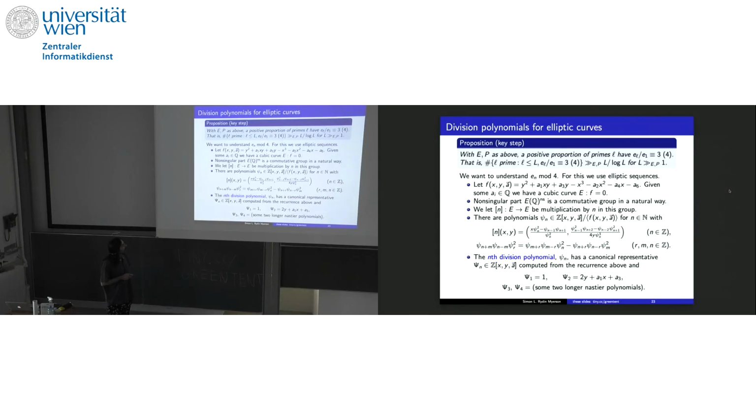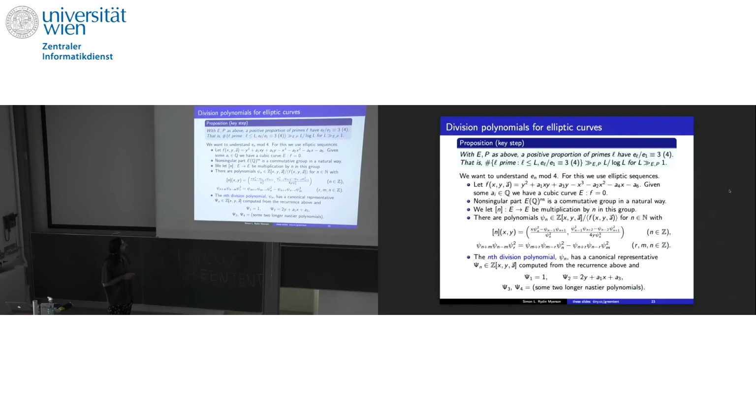Okay, so here there are some polynomials in the ring of polynomials on this curve, on the zero locus of this polynomial, which define this rational map. And okay, the numerators here are just some polynomials. The important thing is that these polynomials have integer coefficients in x, y, and a.